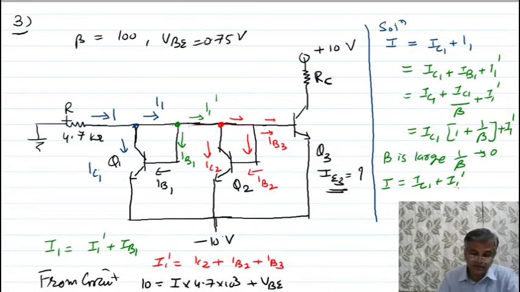You can see here, from the circuit you can write this voltage with respect to this minus 10. What does it mean? This voltage VB plus this voltage is equal to 10 volt. Or you can write this voltage plus VC is equal to 10 volt. Everything is the same.